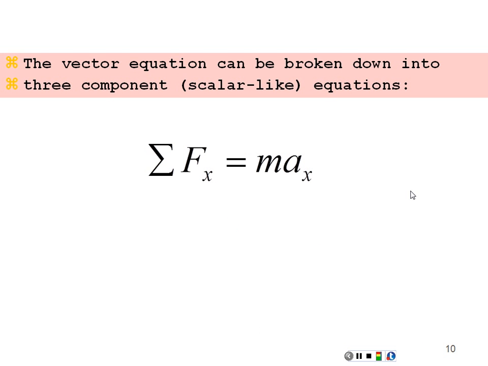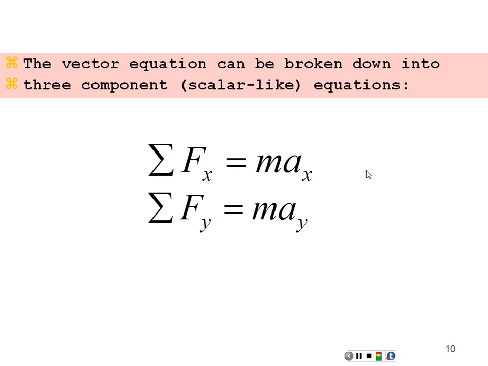So this second law of Newton, this F equals ma, can be broken down from a vector equation into scalar-like equations in the x, y, and z directions. So if we sum up all the forces in the x direction, and we come up with some kind of net force, we will end up with mass times the acceleration in the x direction.